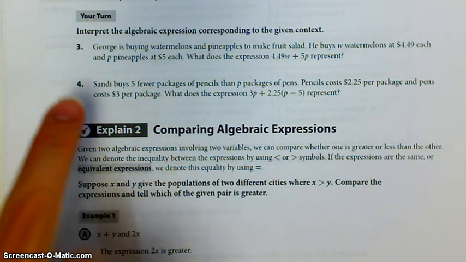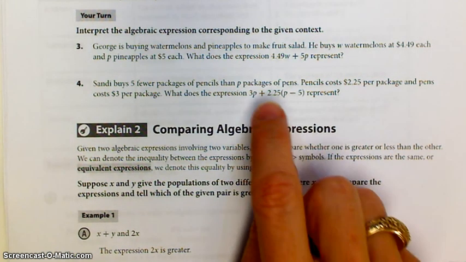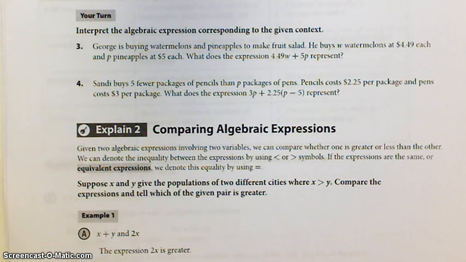All right, so looking on, these are a couple we'll just go over, and you can write down based on what we talk about. George is buying watermelons and pineapples to make a fruit salad. He buys W watermelons at $4.49 each and P pineapples at $5 each. What does the expression 4.49W plus 5P represent? Well, it shouldn't take too much figuring, hopefully, to know that that expression represents the total cost of the watermelons and pineapples together that he bought.